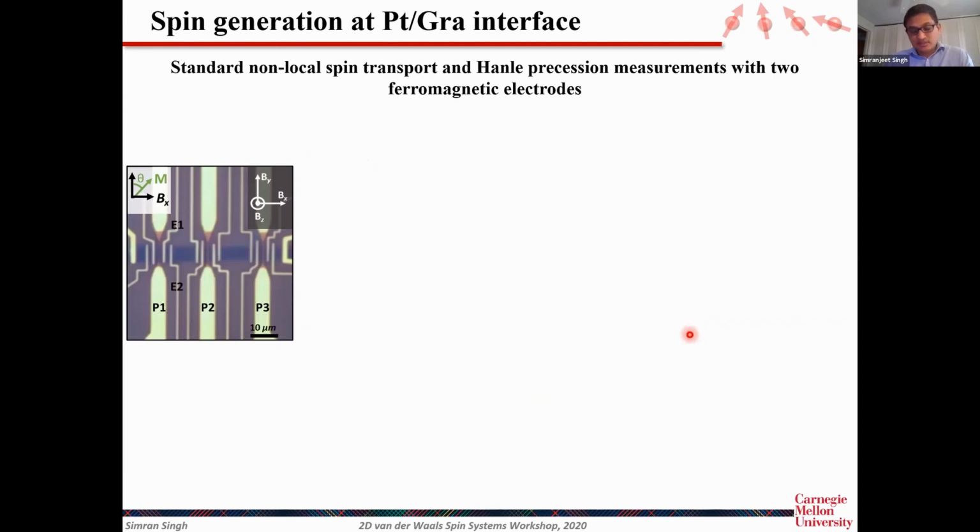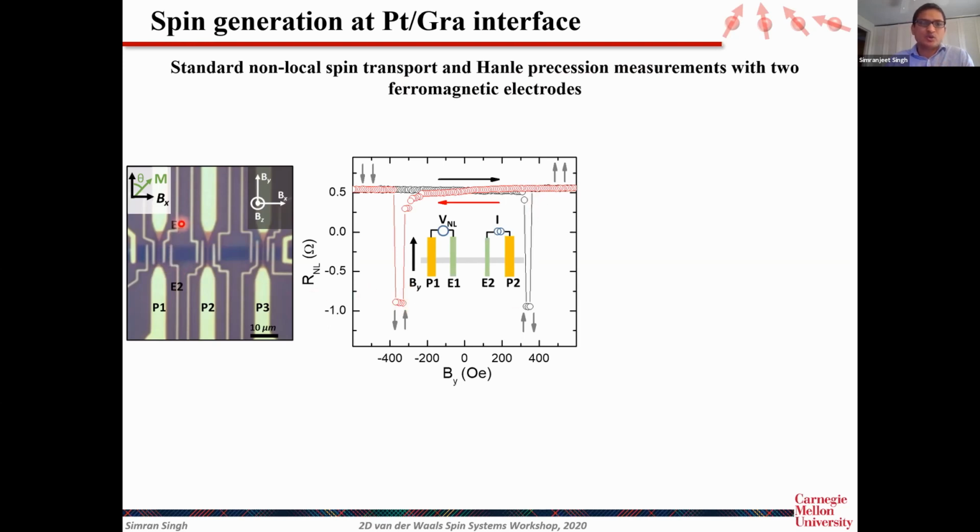Now, once we have these devices, the first thing we want to do is characterize the spin properties of this graphene channel, so that later we can work out the numbers and see what kind of efficiency we are getting in these platinum graphene interfaces. And for that, we do standard non-local spin transport and spin precession measurements using two ferromagnetic electrodes. For example, I can choose any of these two electrodes. Particularly, we choose the electrode which is near to this platinum electrode, which we are going to use later on in experiments.